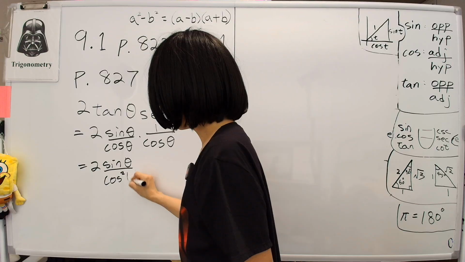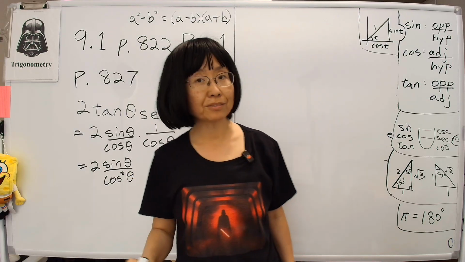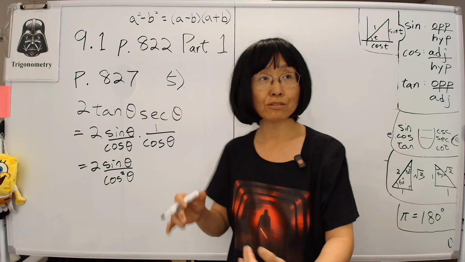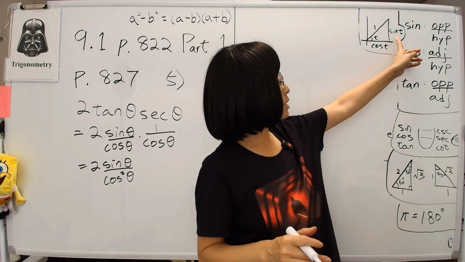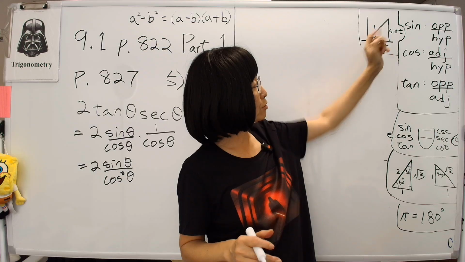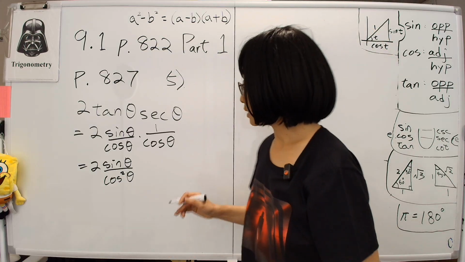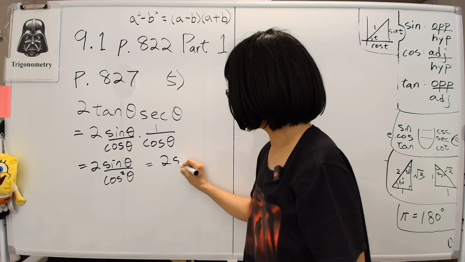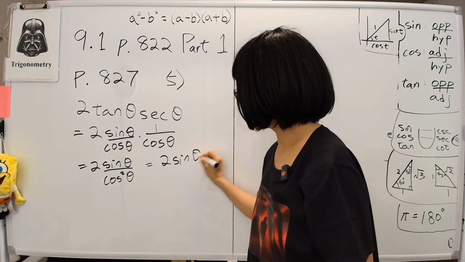Now, how do we get rid of cosine squared and turn it into a sine? The way we do it is by the Pythagorean theorem, which says sine squared plus cosine squared equals 1. And because of that, cosine squared equals 1 minus sine squared theta. The top is still 2 sine theta.